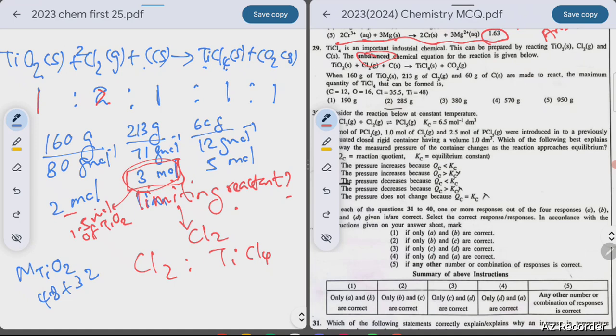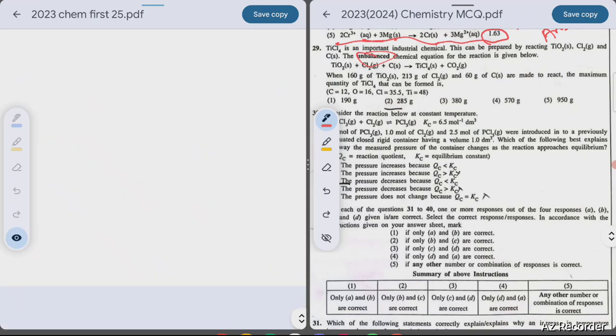Now if we take the chlorine and TiCl4, the stoichiometric ratio is 2 to 1. Here you have 3 moles, then how many moles should be here? 1.5 moles. So 1.5 moles of TiCl4 will be formed.